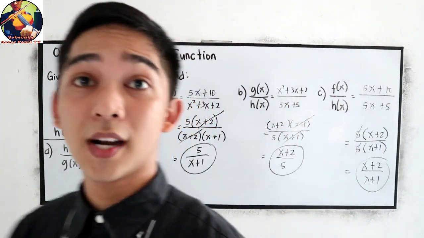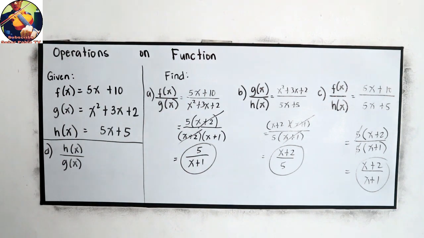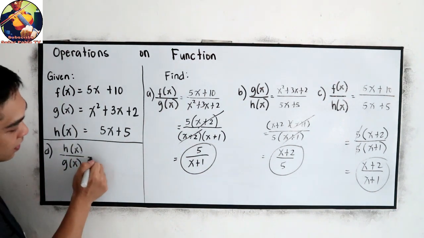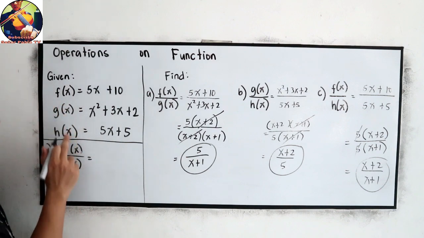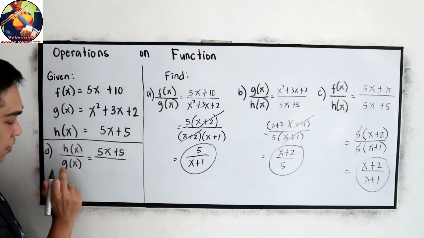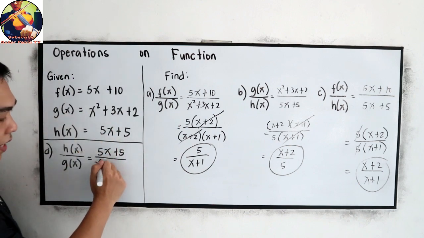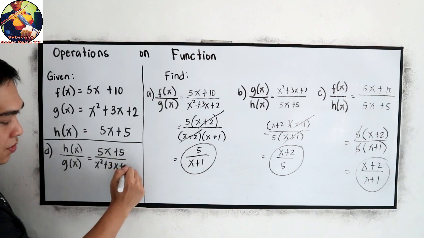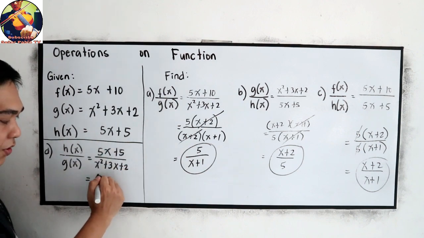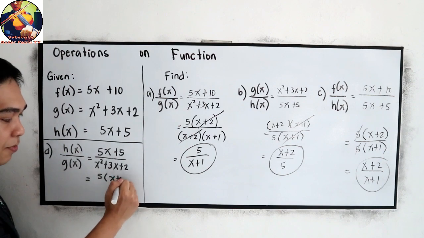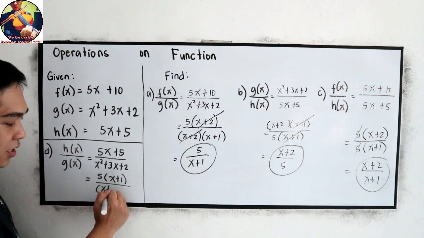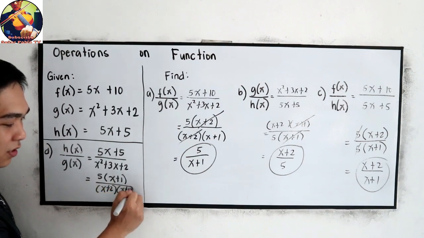And of course, our last letter, h of x over g of x. H of x, the given is 5x plus 5 over g of x, which is x squared plus 3x plus 2. Now, factor the numerator. The common factor is 5 quantity x plus 1 over denominator x plus 2 times x plus 1.